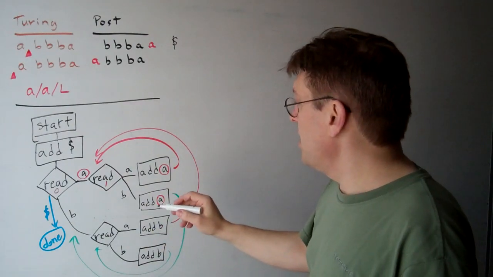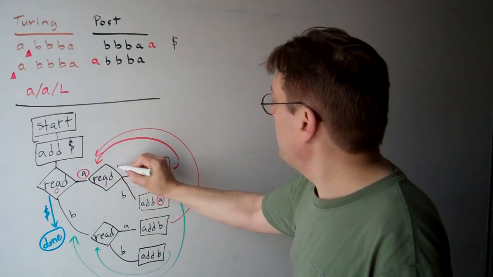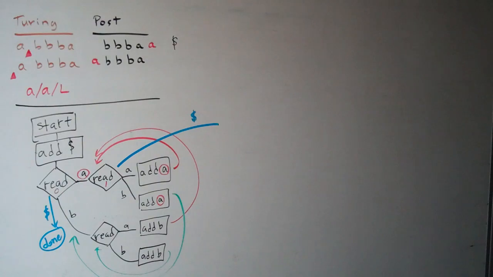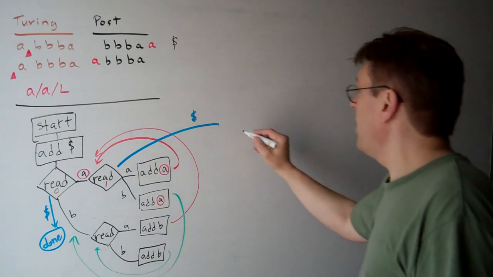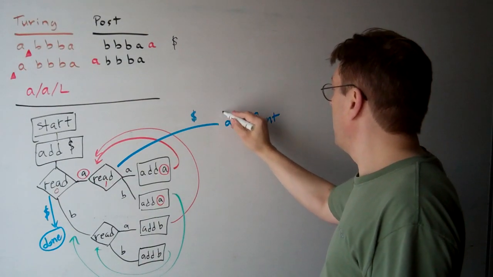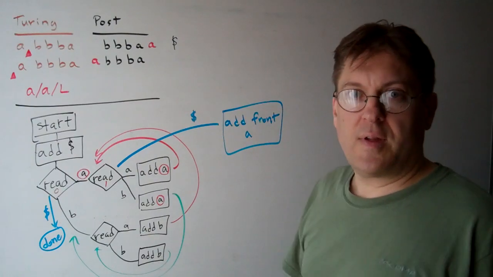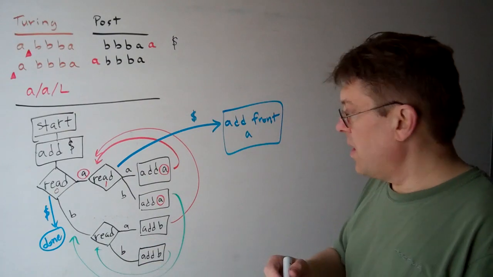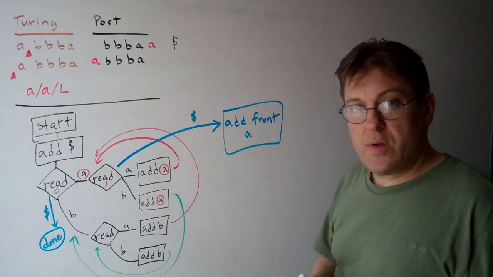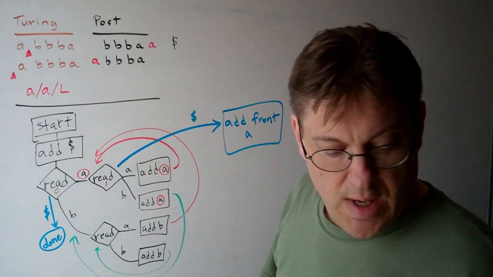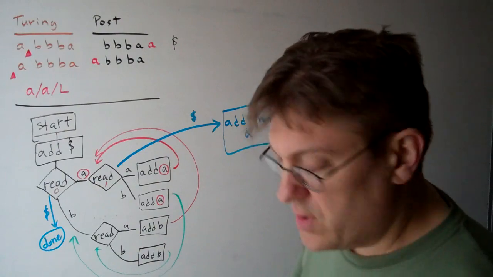Let's just say that if I had a dollar sign here, I would have to, as the book calls it, go to add front A. By the same token, I'd have to do add front B if it was here. So now, how do we do this add front? At the bottom of page 468 it shows how to do this, but it's really, really simple.